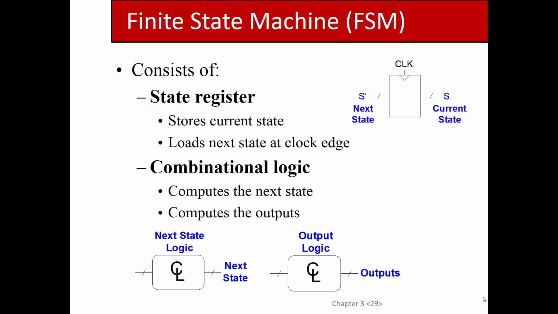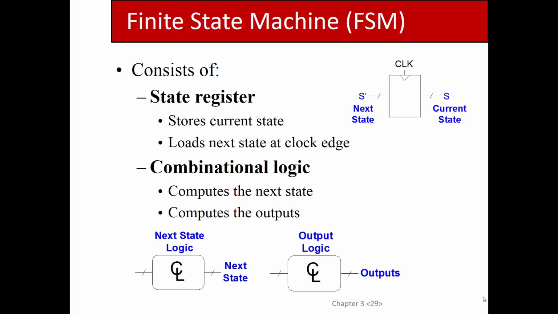So you design a combinational logic circuit using Boolean logic or K-maps or Quine-McCluskey or however you want to do it, but you're creating this for the purpose of computing the next state from the current state and the inputs. Everyone with me? Think of it as the next state table.